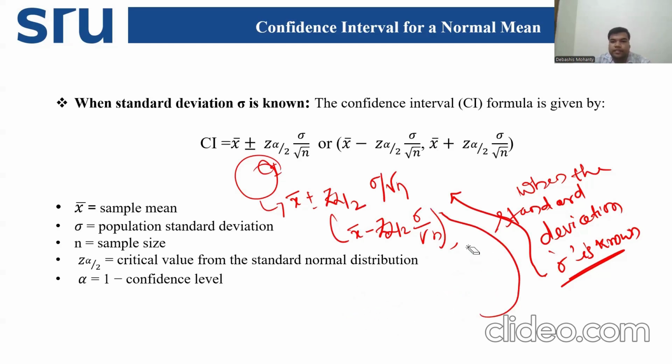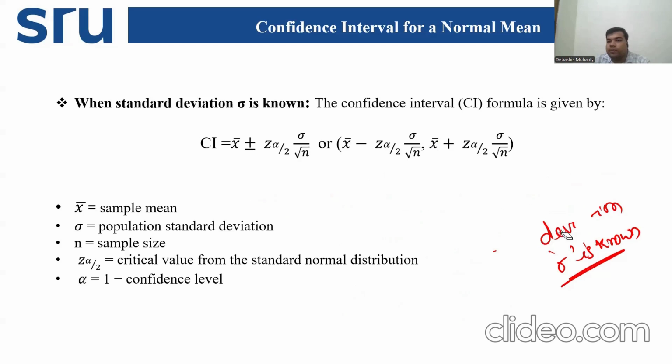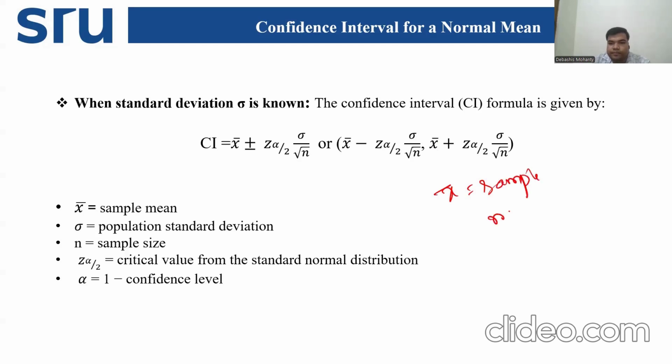understood? Right. So we have to know what is the actual notation of those. So here x bar means the sample mean. That is very important, students. You have to know with respect to the sample, what is the mean given. So here x bar is representing the sample mean, and sigma represents the population standard deviation.